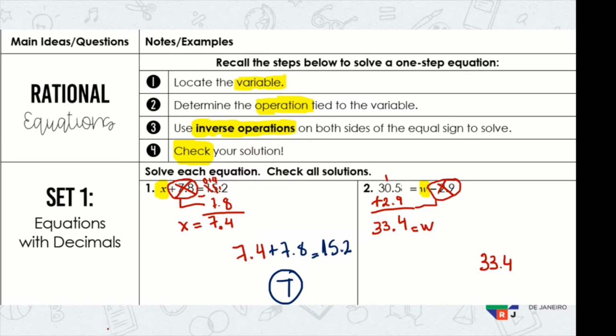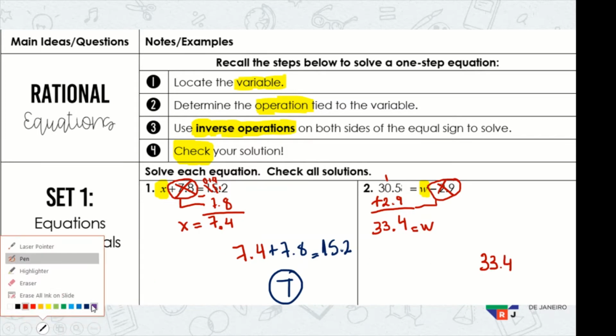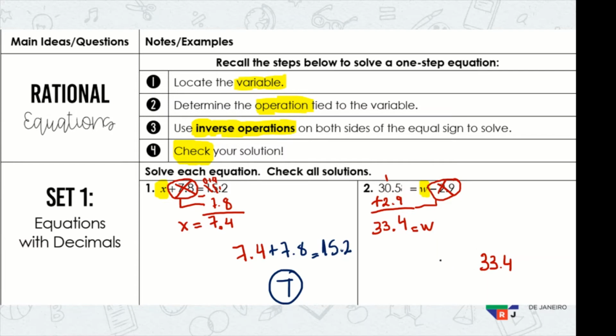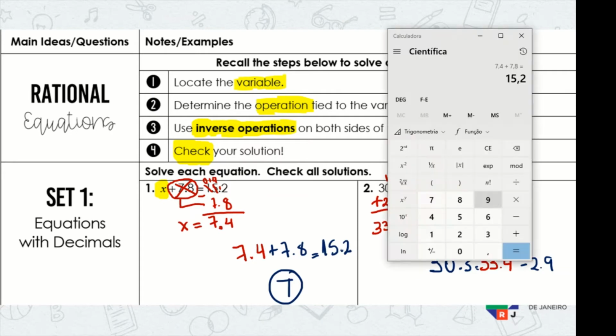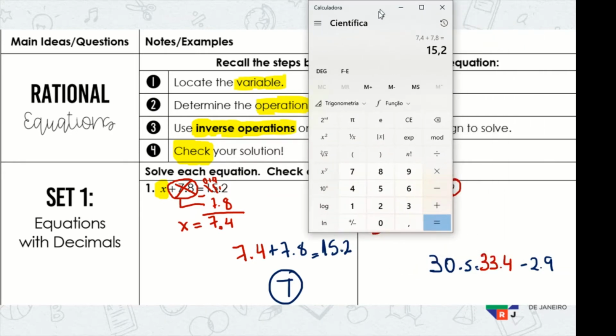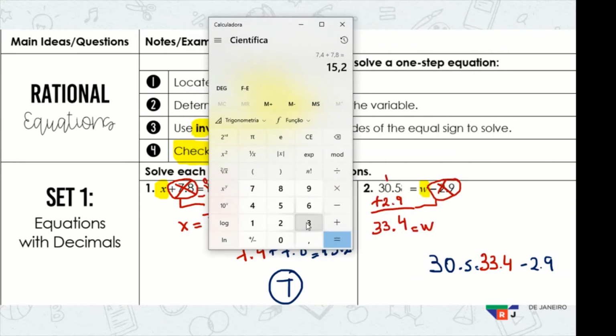33.4 results in, let me check here, 30.5. Results in 33.4 minus 2.9. Let's check in the calculator, guys. Where is my calculator? Over here. Let's check in the calculator. 30.5.